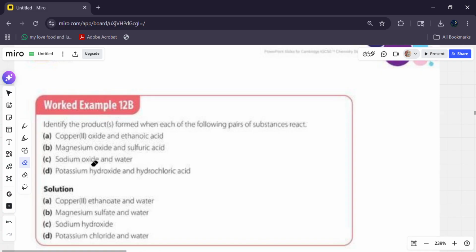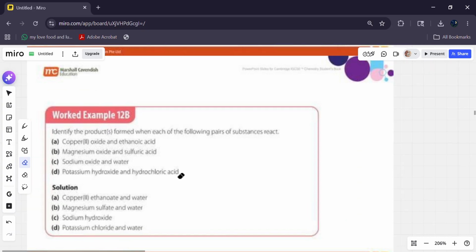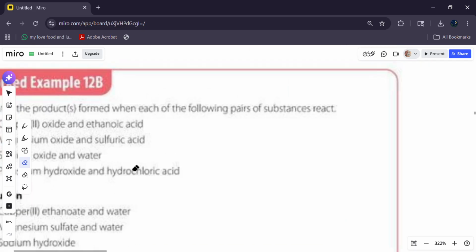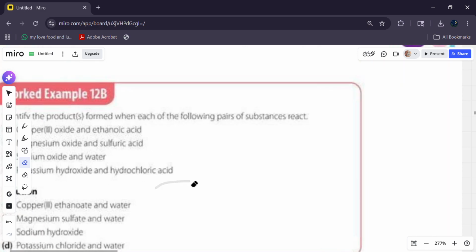Because the sodium oxide gains extra H from the water to form sodium hydroxide. Potassium hydroxide and hydrochloric acid forms potassium chloride and water. Why? Because remember, both hydroxide and oxide can react to give salt and water.